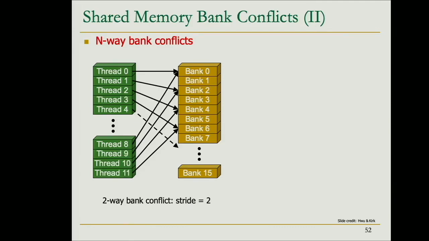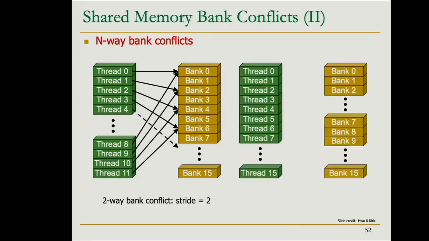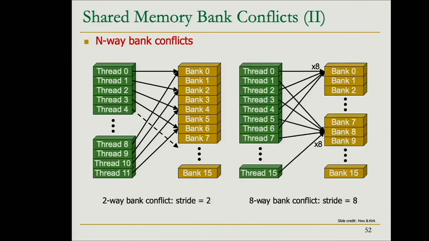If we do that, then the stride is 2, right? And if the stride is 2, we are going to have a two-way bank conflict. And think about that. We have two threads going to the same bank, which means that we are reducing the effective bandwidth by 2. And it can be, of course, even worse. This is an 8-way bank conflict.